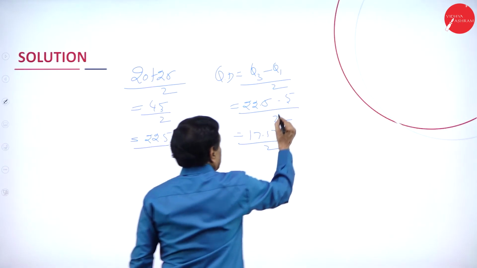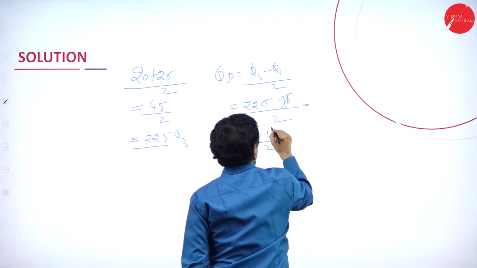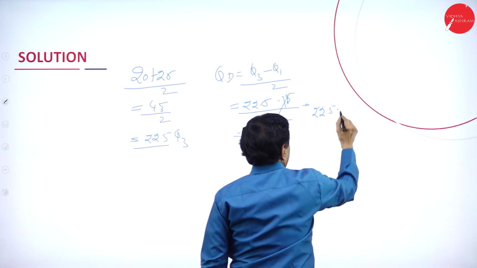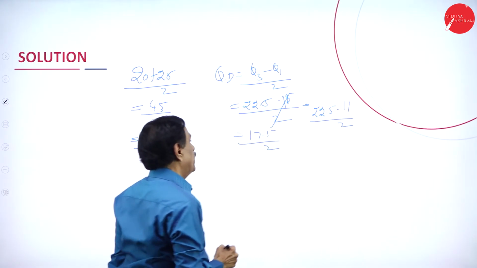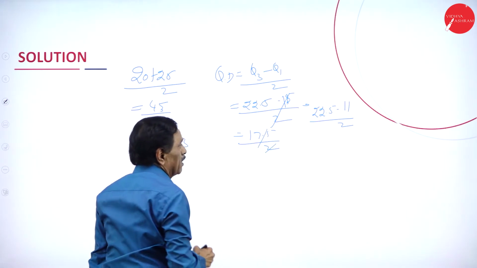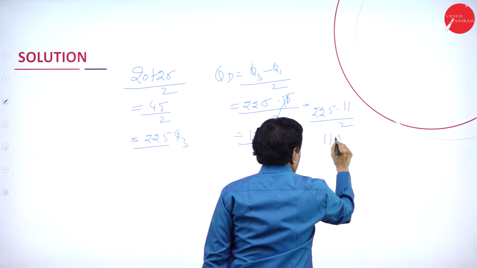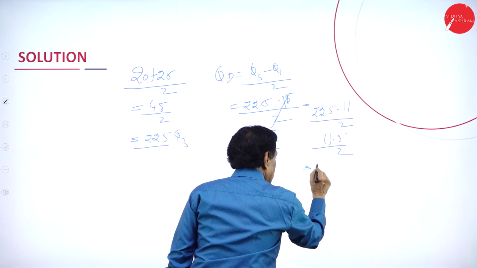The 5th item is 11. This is 22.5 minus 11, the 5th item, divided by 2. 22.5 minus 11 is 11.5 divided by 2.